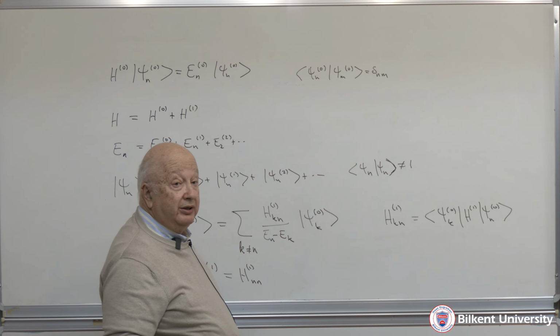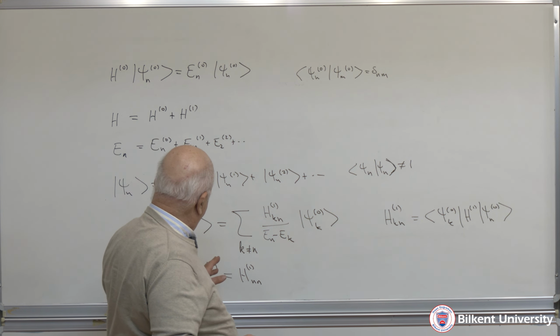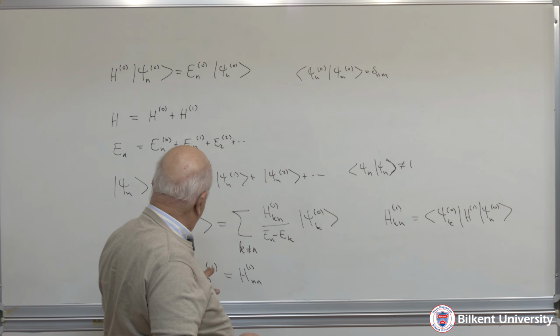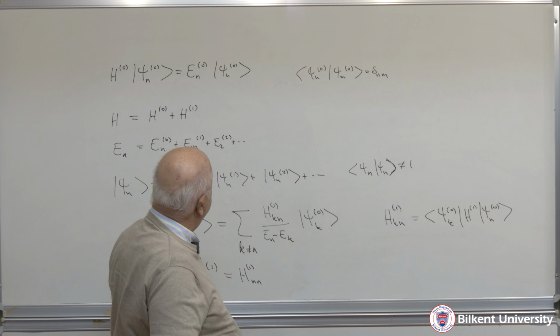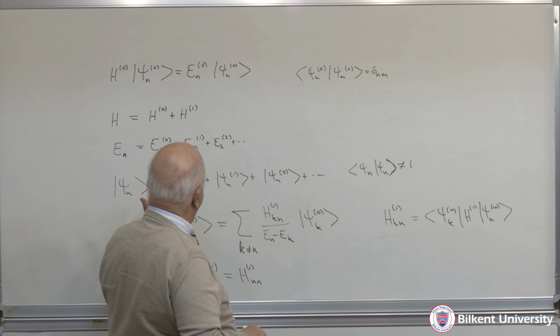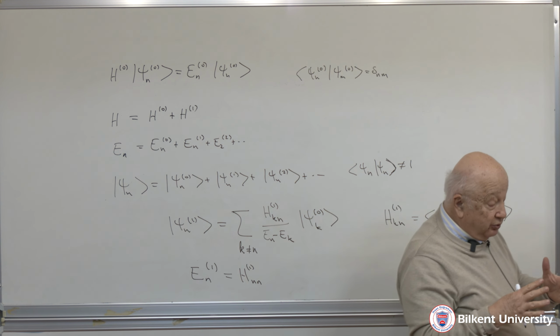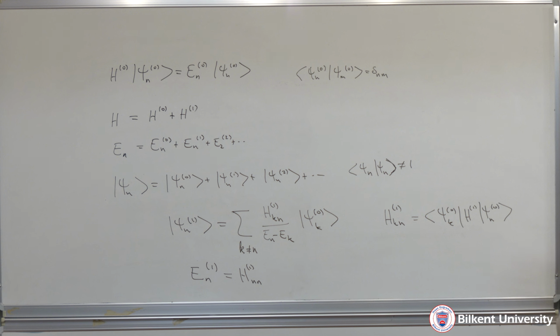Okay, so let's move on. We are going to look at the second order object. The second order object is going to contain two terms, or products of terms which will add up to two orders. What do I mean by that?